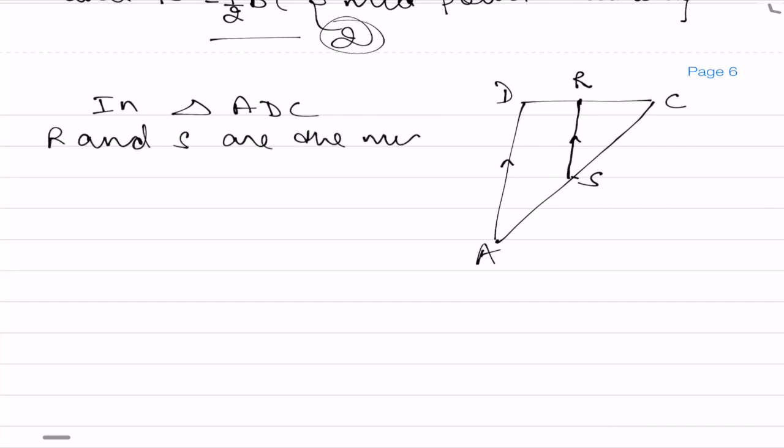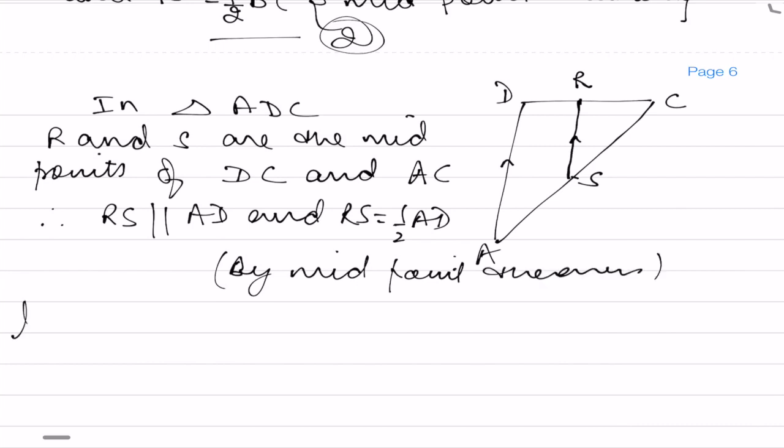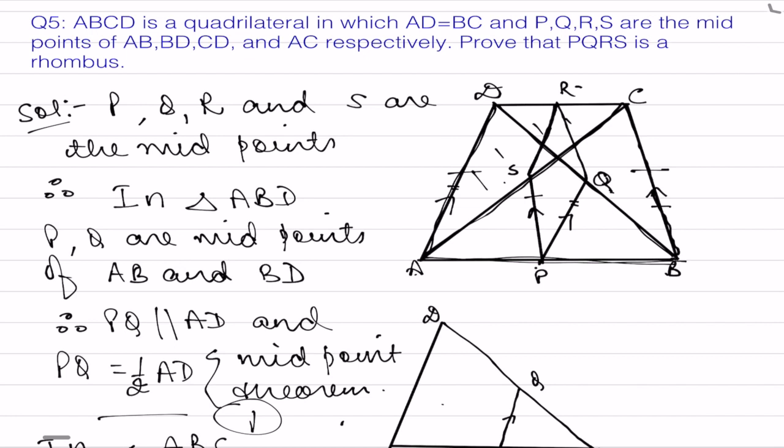Therefore, RS is parallel to AD and RS is half of AD. This is again by midpoint theorem. We have proved here SR is parallel to AD as well as equal to half of AD.